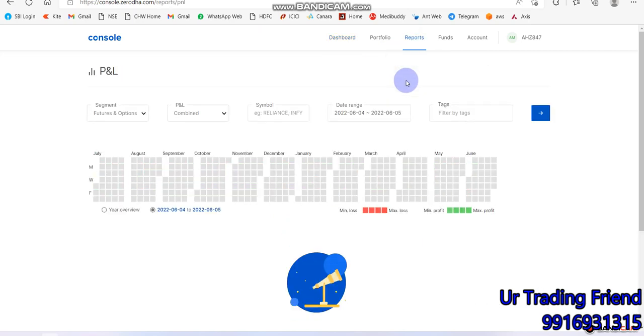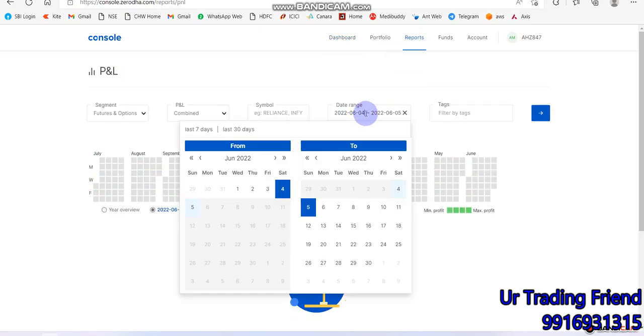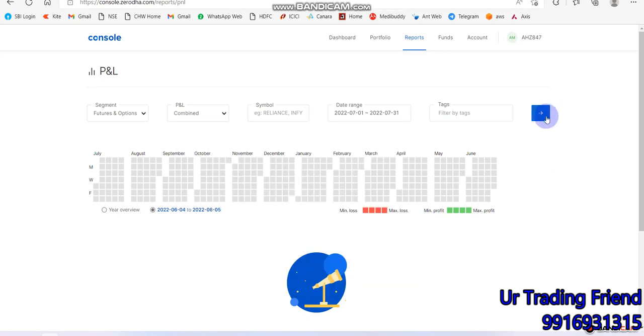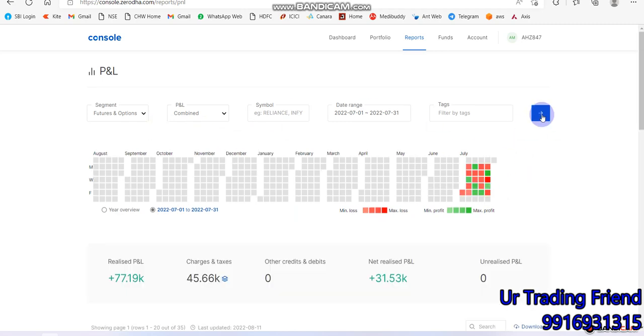Coming to the ledger, I'm picking the month of July as an example. This is options buying. In the July month I was in profit of 7,000 after brokerages, if you remove 45,000, I am still having 30,000 profit.